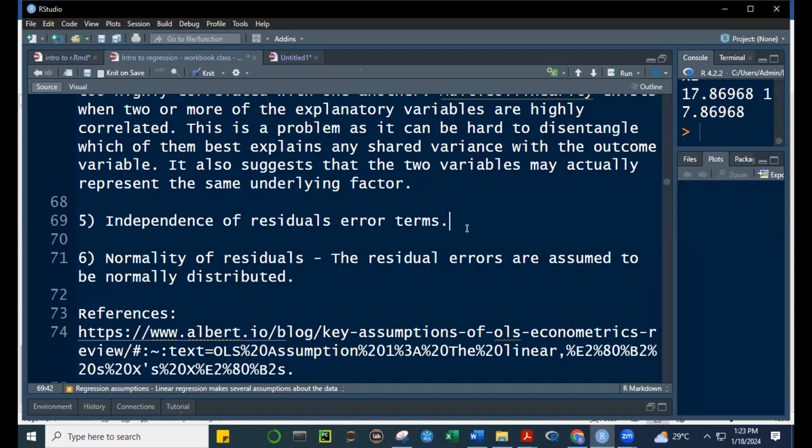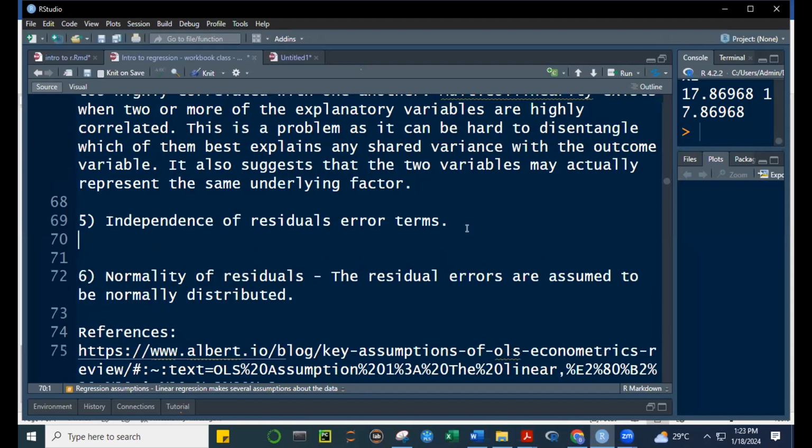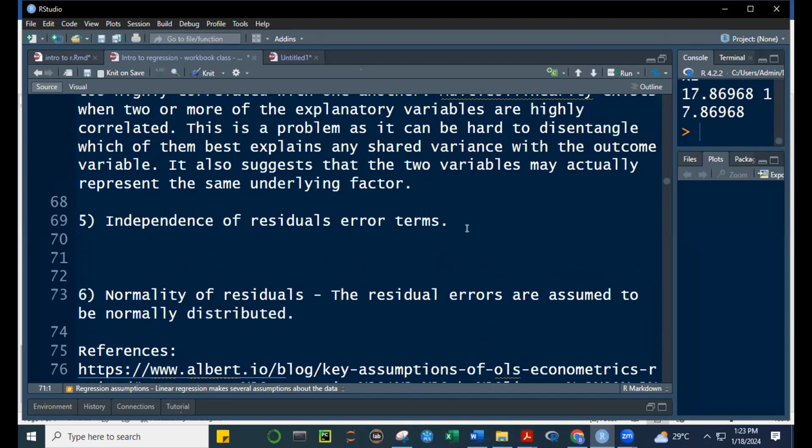Now, this is more a problem of time series rather than cross-sectional, which brings me to the three main data types that we can use.